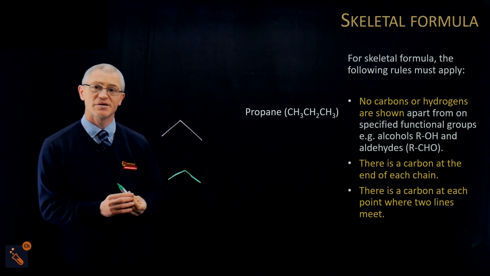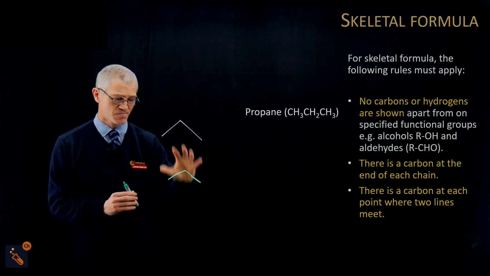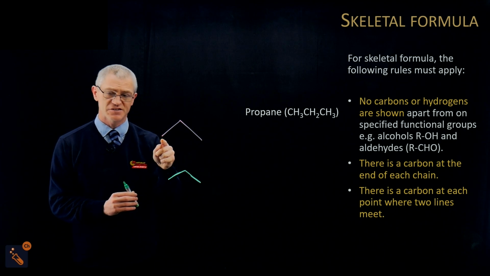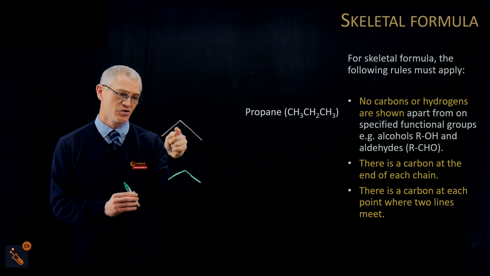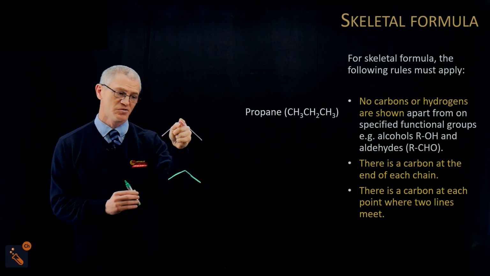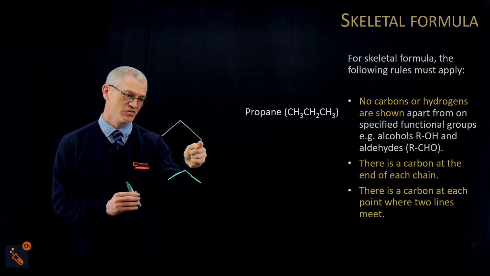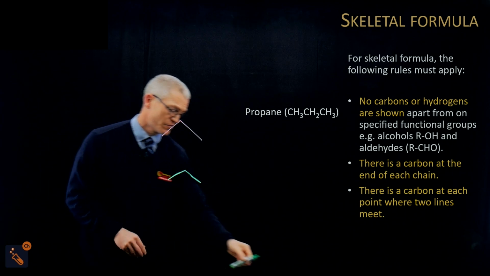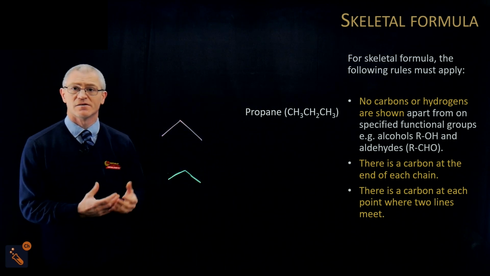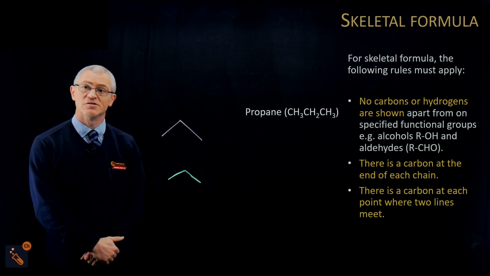But we need to be able to analyse this and say, look, there's 1 bond to that carbon, so therefore there must be 3 hydrogens bonded to it. There are 2 bonds to this carbon, so there must be 2 hydrogens bonded to it, and there is 1 bond to that carbon. There must be 3 hydrogens added to it because all carbons have 4 bonds. And that's our first example of how to do skeletal formula.